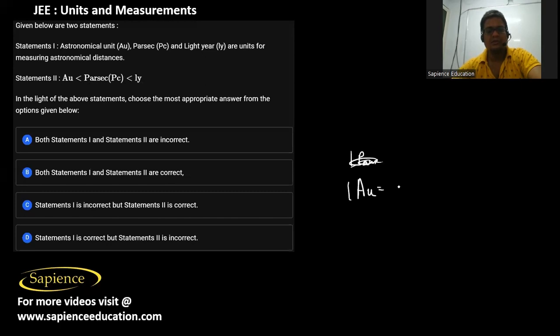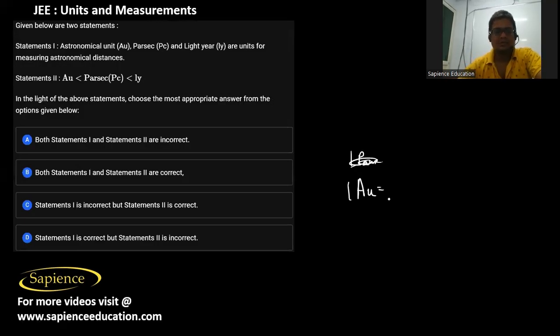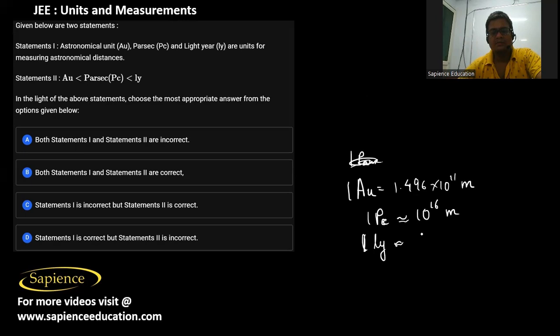One astronomical unit is equal to 1.496 into 10 power 11 meters, and one parsec is of the order of 10 power 16 meters, and one light year is approximately 9.46 into 10 power 15 meters.